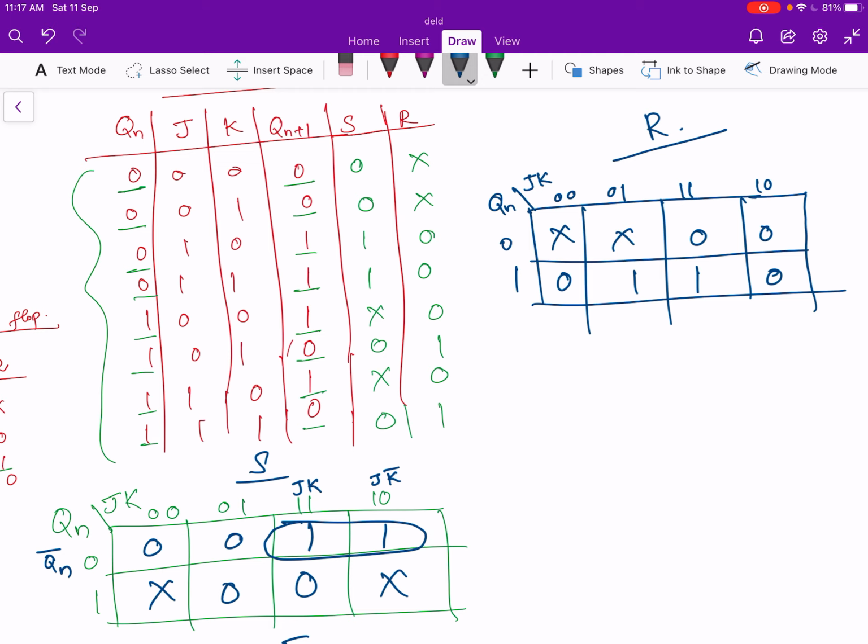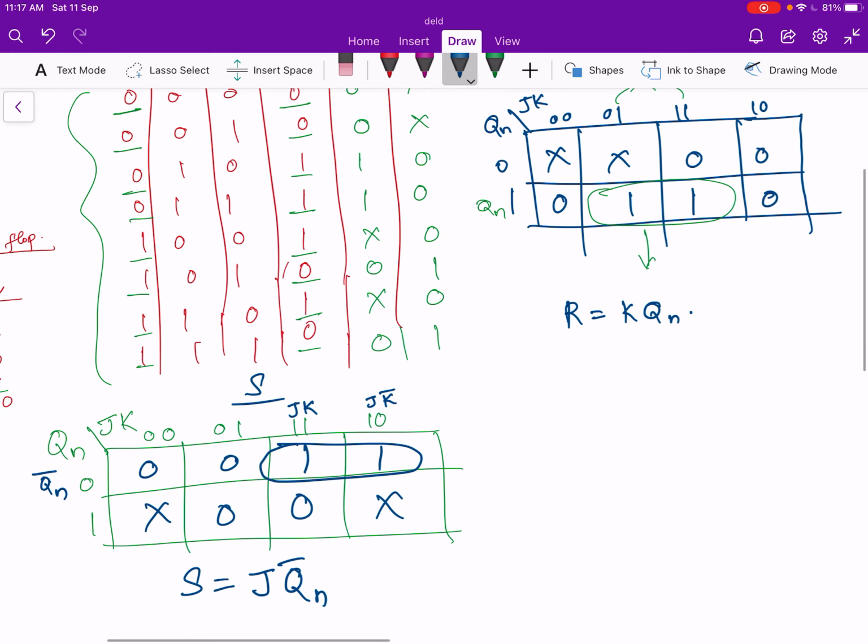So here we can group these two ones together. So here 1 and 1 is common in these two cells. That will be equal to K, and this is Qn. So we'll get the expression for R as K Qn. So we have got the expression for S as J Qn bar and R is K Qn.